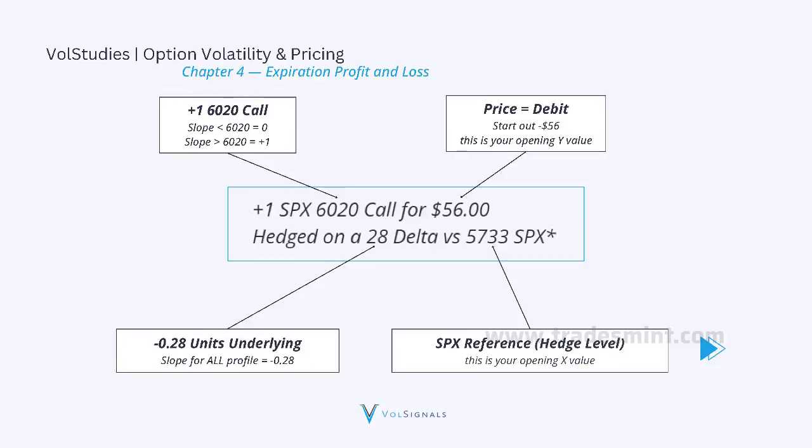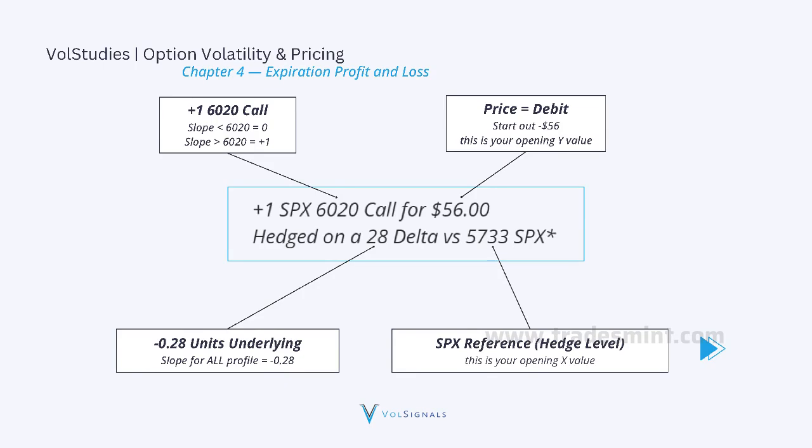Some other important points here. The slope of the overall profile will have a base that's determined by this hedge delta, or negative 0.28. And the overall profile will change or exhibit inflections on strike prices of options, because only at those strike prices does your position payoff change, and therefore your slope change.